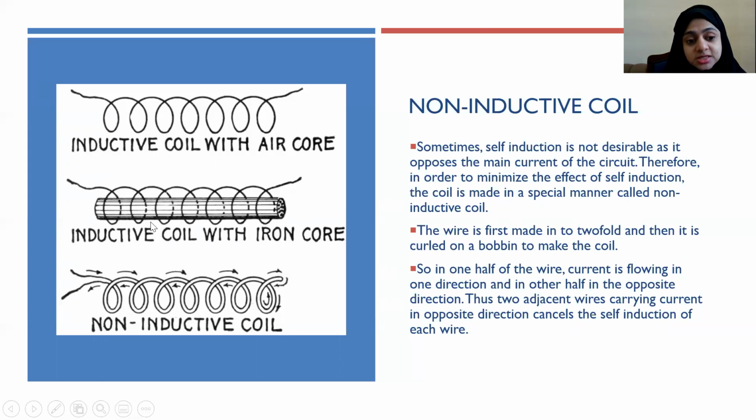So here this is an example for usual coil, which is inductive, which means it has self-induction if connected to an external circuit. Now, in order to develop a non-inductive coil, which means a coil of wire in which there is no self-induction, you have to first make a two-fold of the same coil of wire.